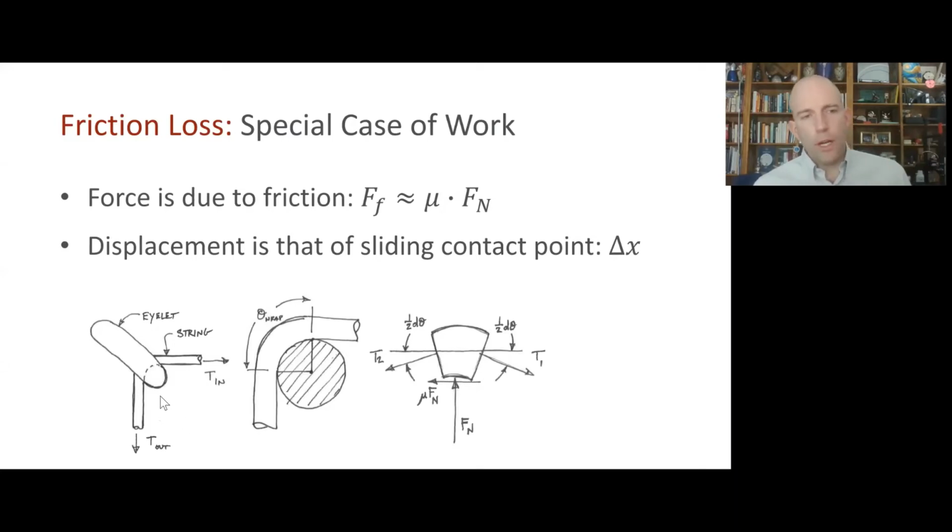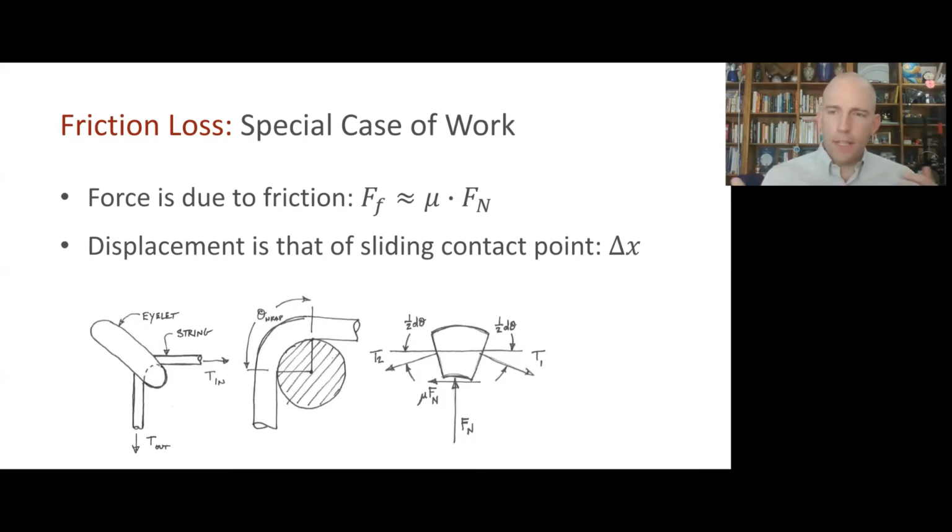You would say the normal force is square root of 2 times the tension in the rope, and multiply that by mu to get the friction force. Then you'd multiply that by the amount of displacement to get the work that is going to go into heating this eyelet instead of being transmitted to the next element in your system.